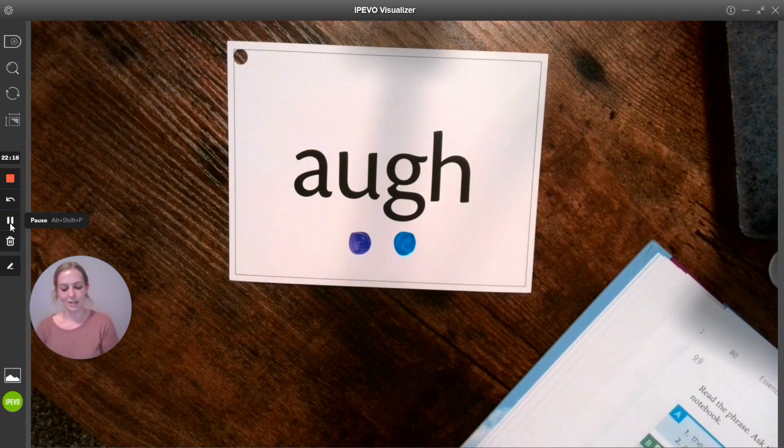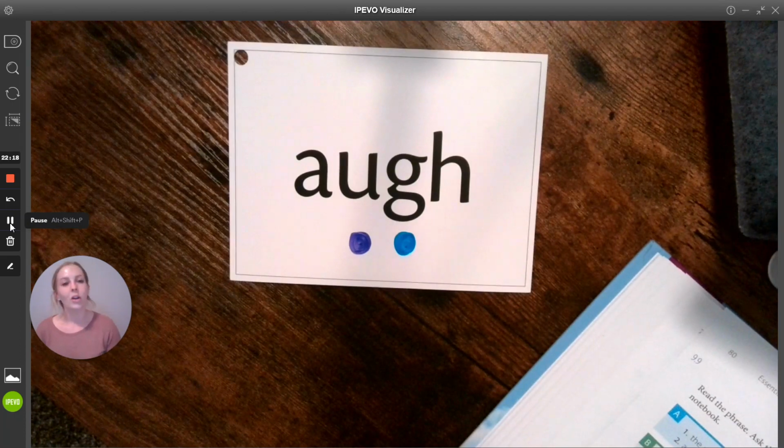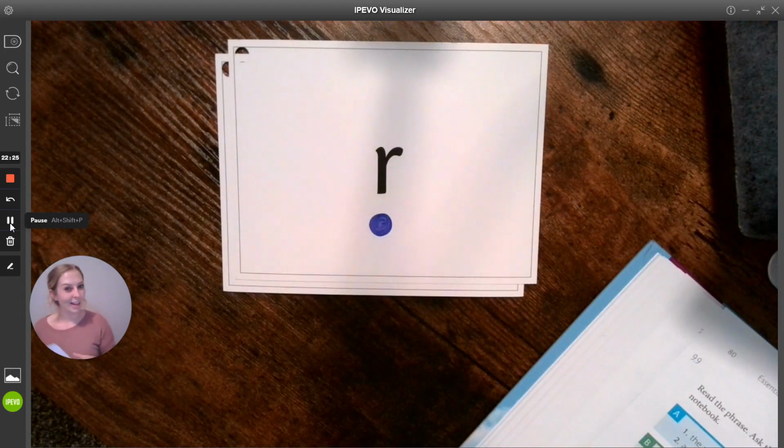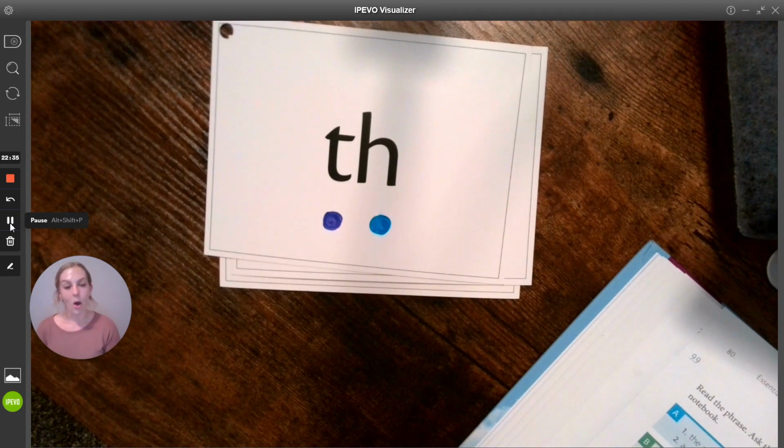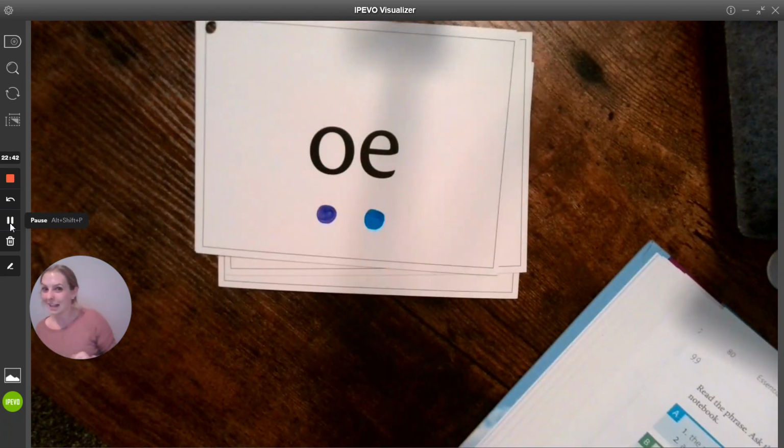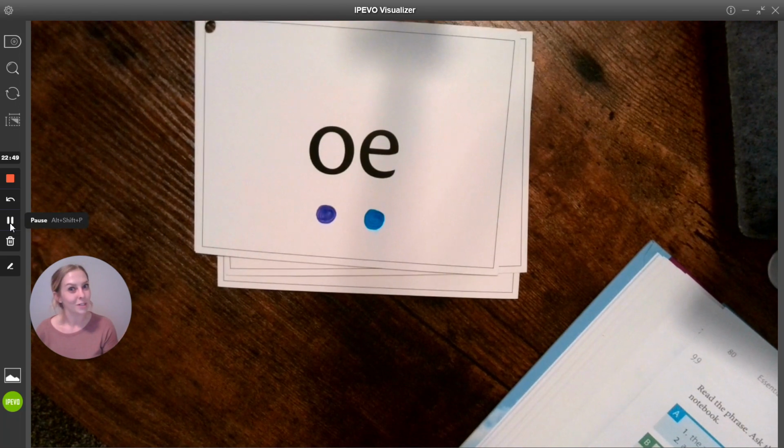All right, next one is O, oo, may be used at the end of English words. A, 2-letter A, that may not be used at the end of English words.